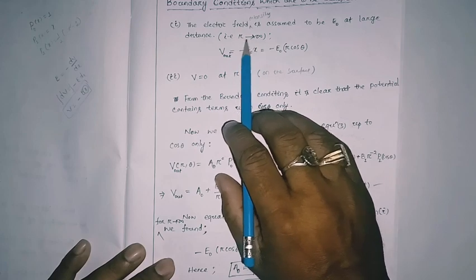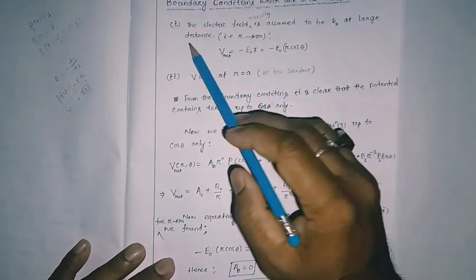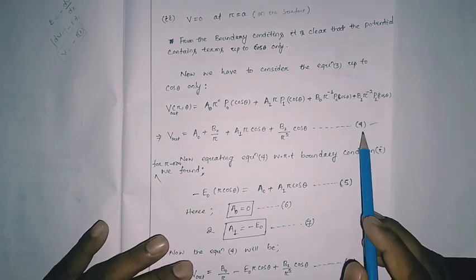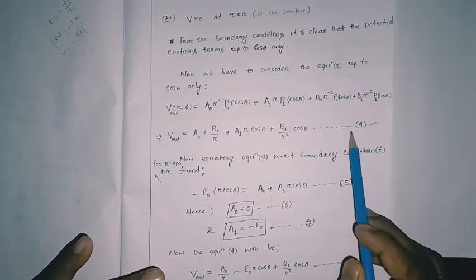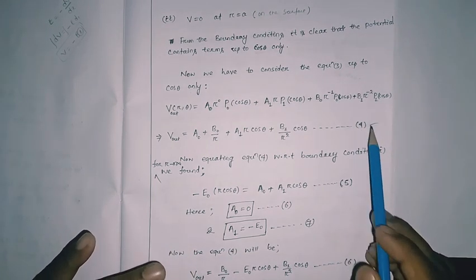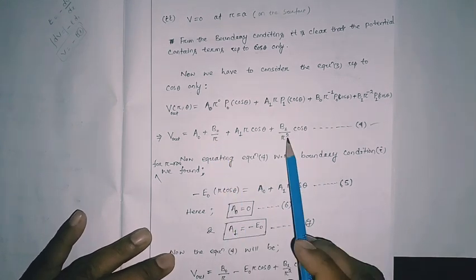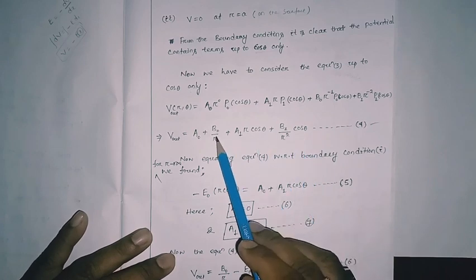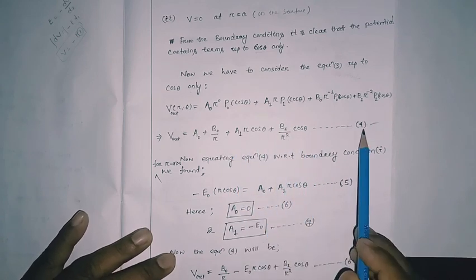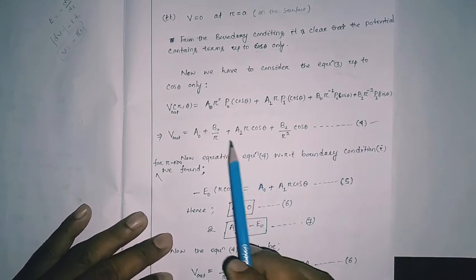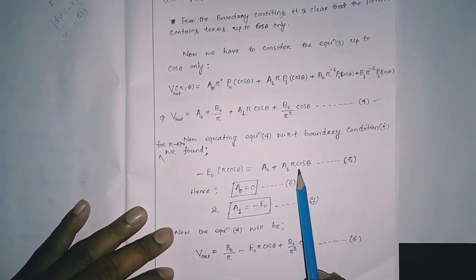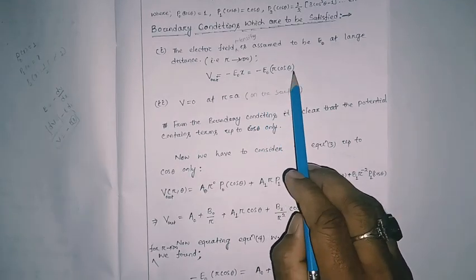So for r tends to infinity, we have to equate this boundary condition with equation number 4. If I put r tends to infinity in equation number 4, then b0 by infinity is 0 and b1 by infinity is 0. So these two terms will be 0, and only two terms will remain, that is a0 plus a1 r cos theta equal to minus e0 r cos theta.